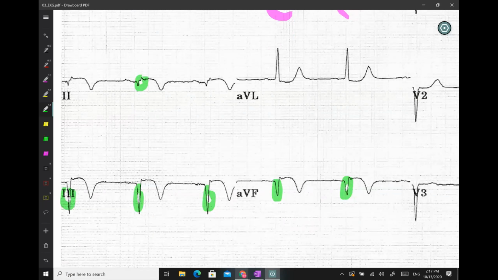At least 1 millimeter. And here, if you look at lead number 3 or AVF, that's about 2 millimeters. Yes, we do have ST elevation. Meaning? Myocardial infarction. Which stage? Acute, exactly.